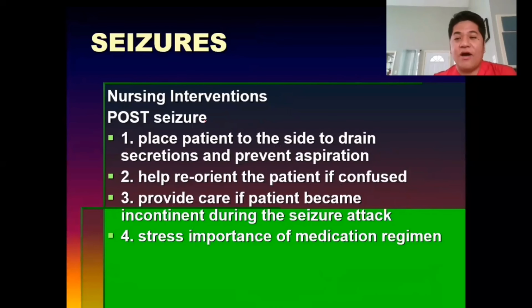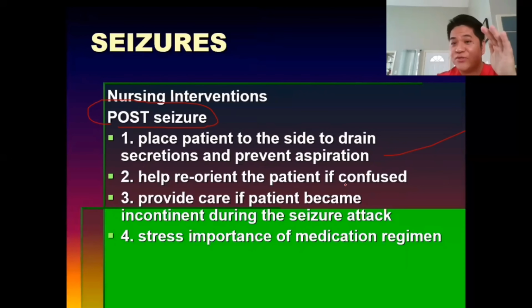Now, during post-seizure, what we're going to do is place the client on the side to drain any secretions to prevent aspiration. So remember that, okay? Help the client to reorient. Tell them, "Hey, you're here in the hospital." So reorient the patient.